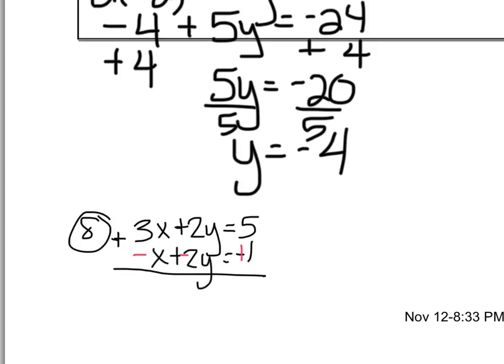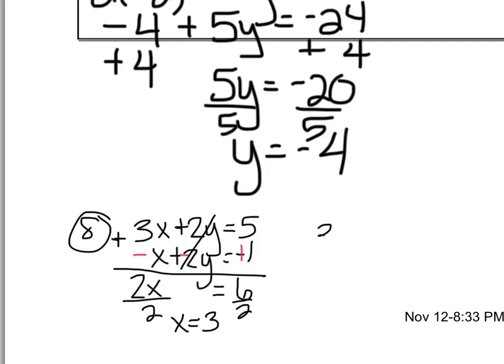3x plus negative 1x, that's a 2x. 2y's are gone. 5 plus 1 is 6. Divide by 2. So x equals 3. To find y, again, you can go back to either the original. I'm just going to choose the top here.